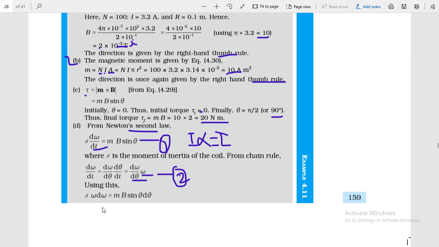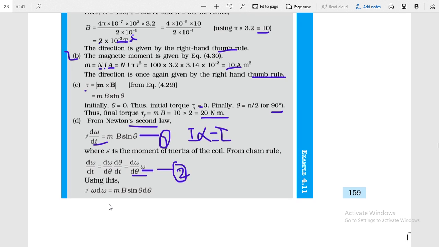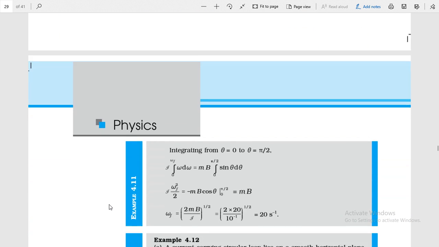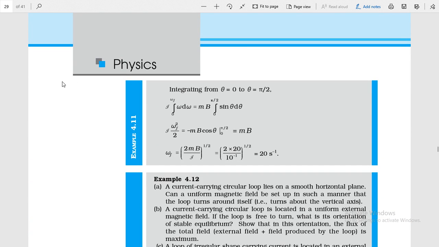Now you can integrate this equation from 0 to 90 degree, or you can say pi by 2. So from 0 to pi by 2, the value of omega varies from 0 to omega final.